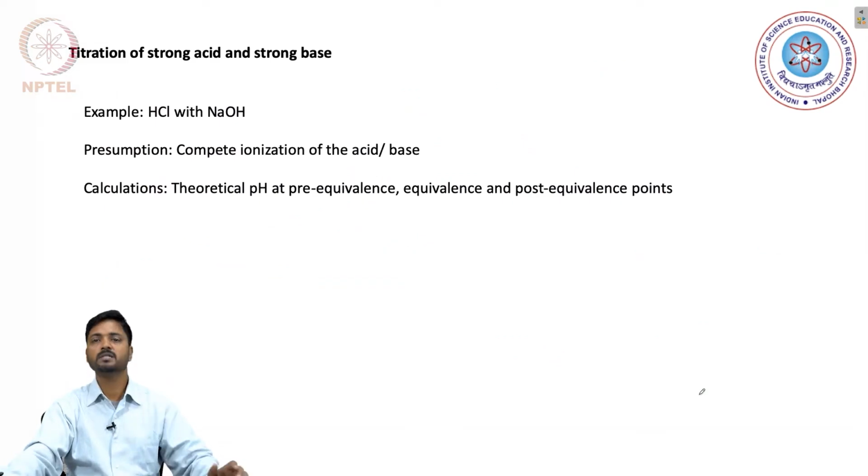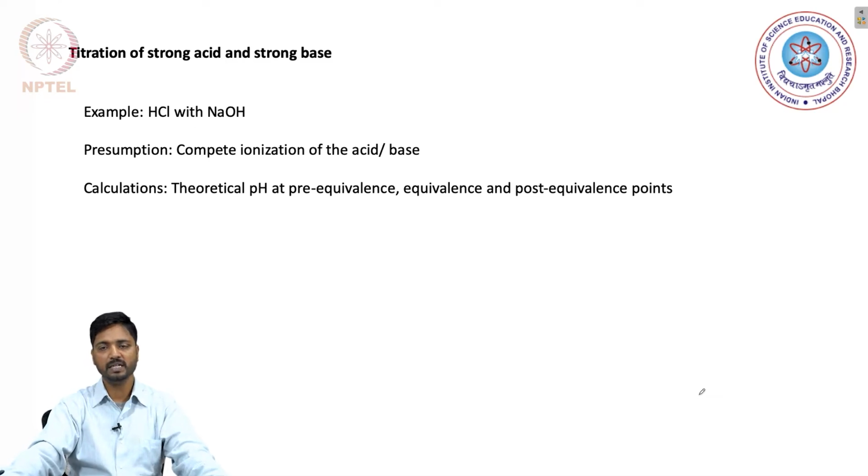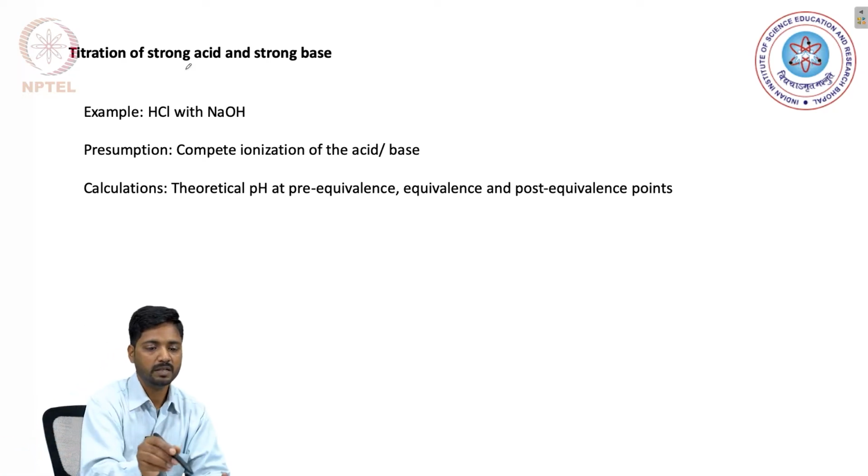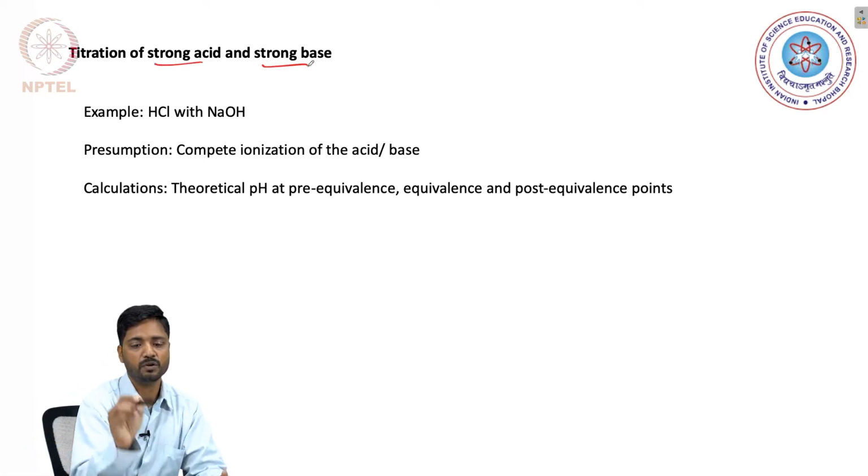Now, let us take a few quick examples of pH metric titrations. The first example that we can take is of titration of a strong acid and a strong base.